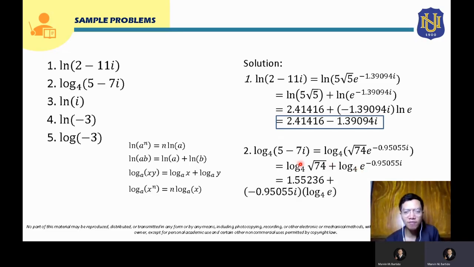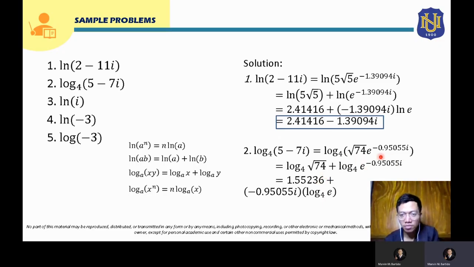Simplifying this, inputting it in your calculator, this is log of square root of 74 with base 4. The answer for this will be 1.55236.